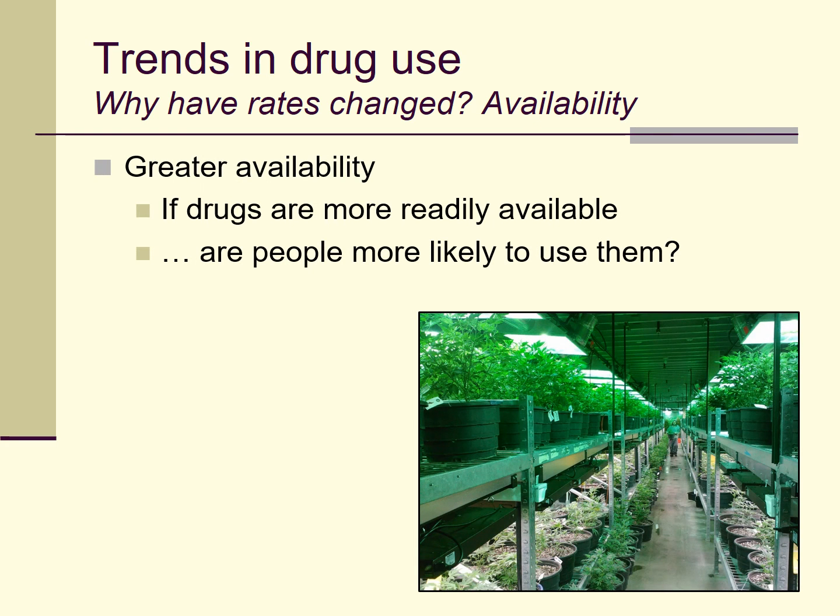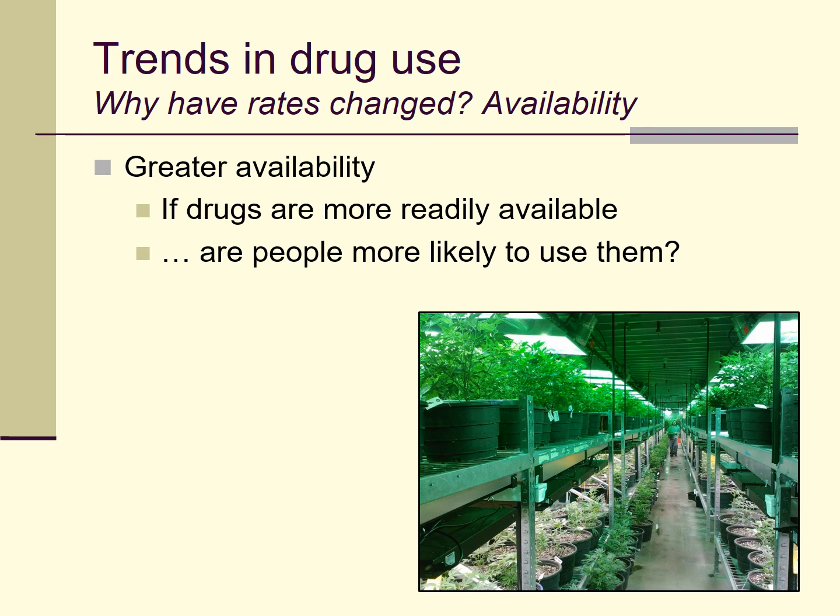Another potential explanation, or another theory you might have thought of, is that availability is causally related to patterns of drug use. And this makes sense, of course. If drugs are more available, maybe people are more likely to use them. During periods of time in history when drugs are less available, maybe people just couldn't get them even if they wanted to use them.